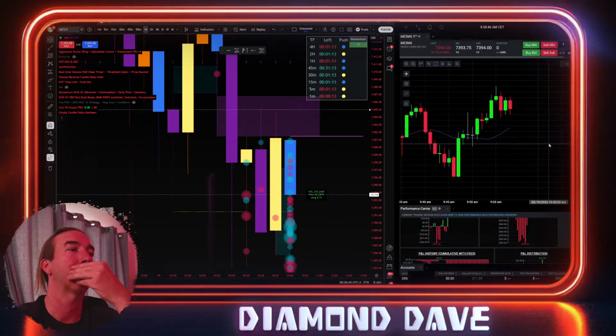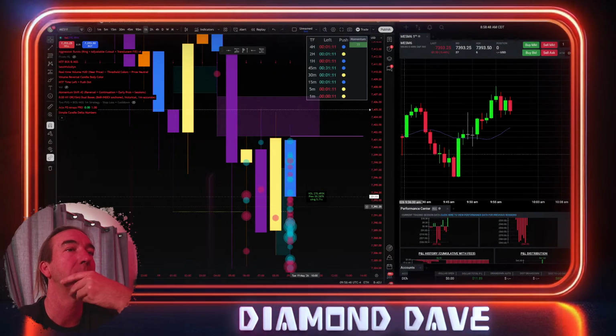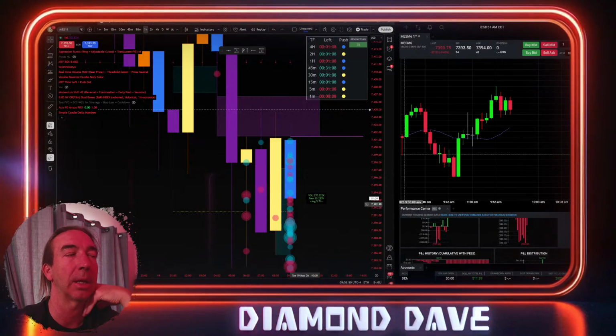This is a nice pullback actually to the downside. If this holds up, we'll see what happens with this next candle in 1 minute.